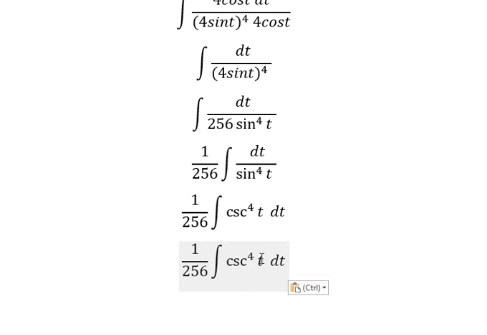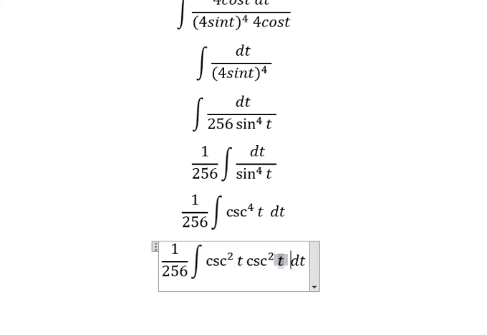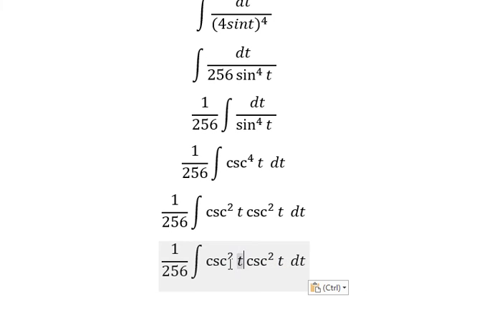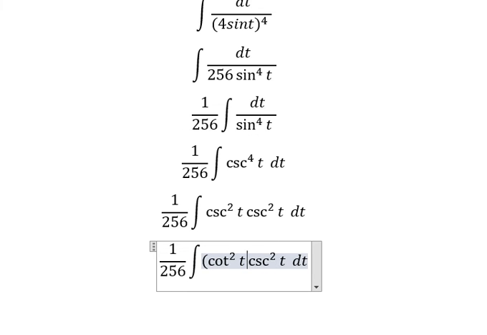And we know that cosecant of t to the power of 4, I can get cosecant of t square multiplied by cosecant of t square. Cosecant of t square, I can change into cotangent t square plus 1.